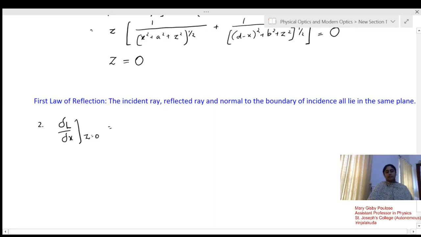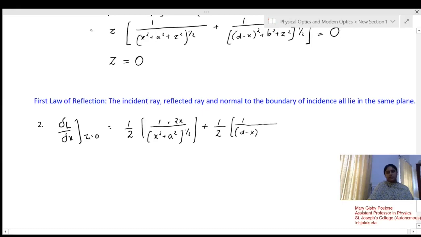So I get 1/2 into 1 divided by (x² + a²) raised to 1/2, into 2x, plus 1/2 into 1 divided by ((d − x)² + b²) raised to 1/2, into 2 times (d − x) into −1, is equal to 0.